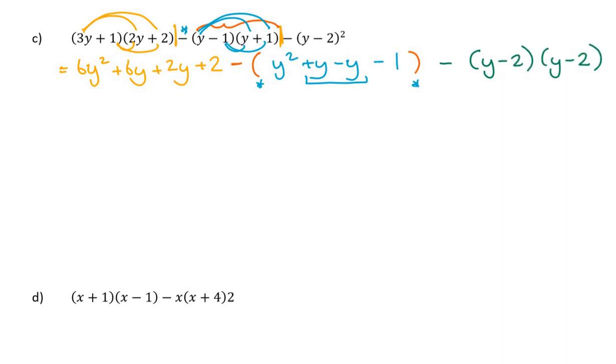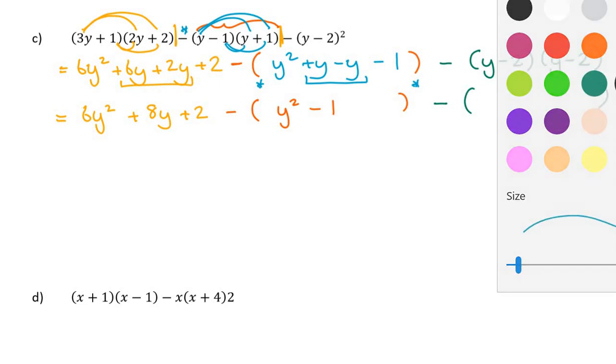Okay, so parts of this are simplified and parts aren't. So I have 6y squared. This is 8y while I'm going about it, plus 2. Now I'm going to leave my minus outside because I'm just going to simplify this to y squared minus 1 and cancel my middle terms. And now I've got minus, and again, this bracket is essential.